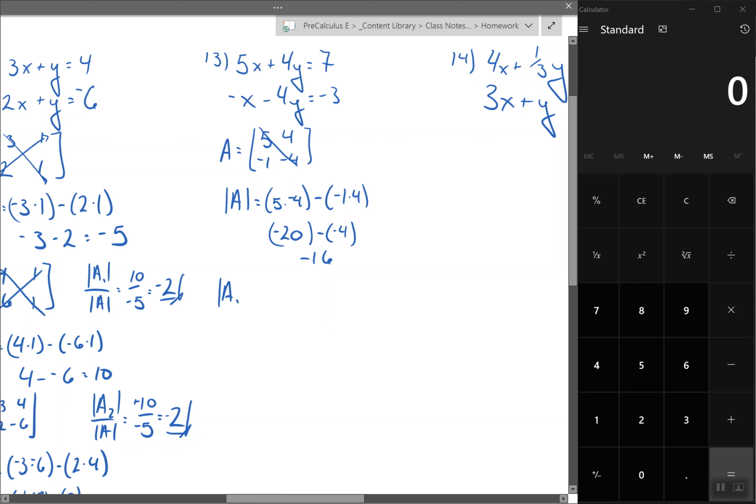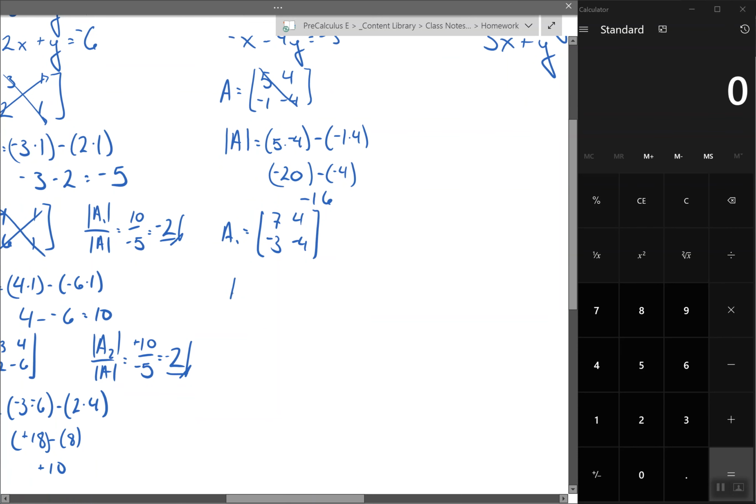For A sub 1, we're going to replace the first column of A with the solutions 7, -3, so 4, -4. So the determinant of A1 will be 7 times -4 minus -3 times 4. So that's -28 minus -12, which should give us a total of -16.